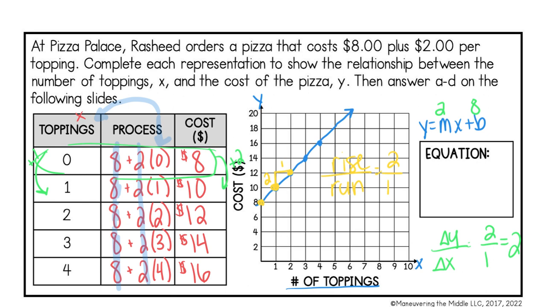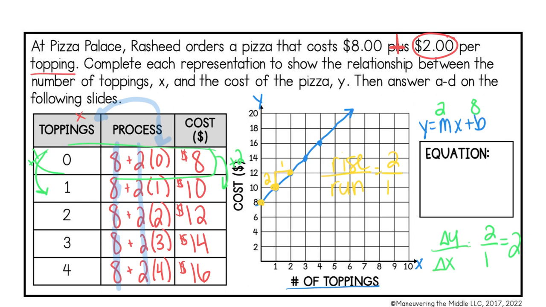You could even use the word problem, and I'll do that real quick for y'all. So it says he orders a pizza that costs $8 plus. So, okay, we got to add. That's plus $2 per topping. When you see per topping, per cake, per game, whatever, that means you're going to multiply this number times whatever it is.